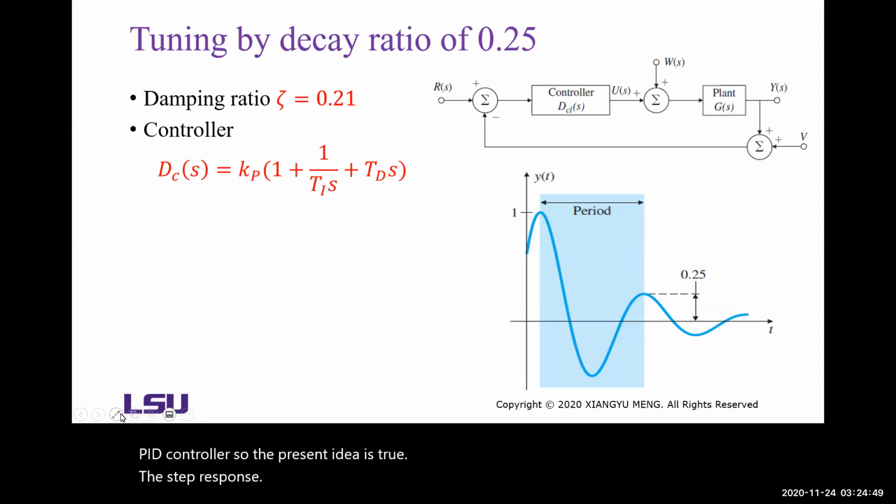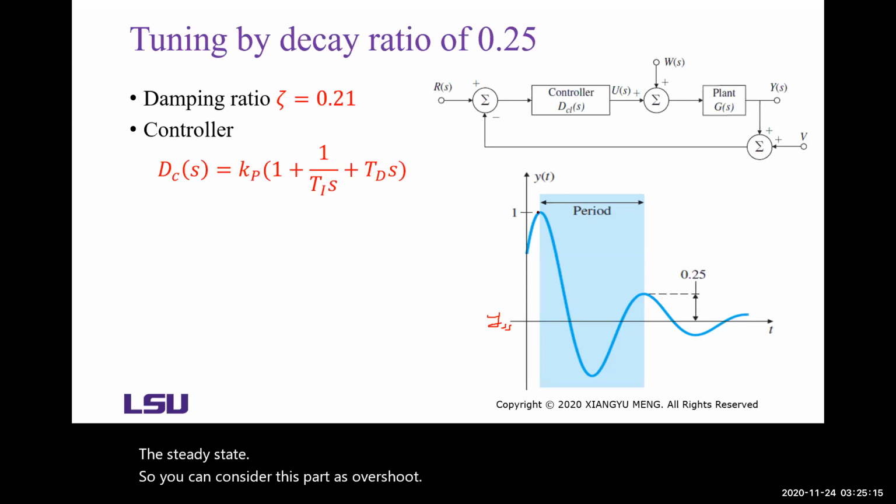So here it's not 1 and 0.25, they're not the real values. This is the final value of the step response, y-SS, the steady state. You can consider this part as overshoot.